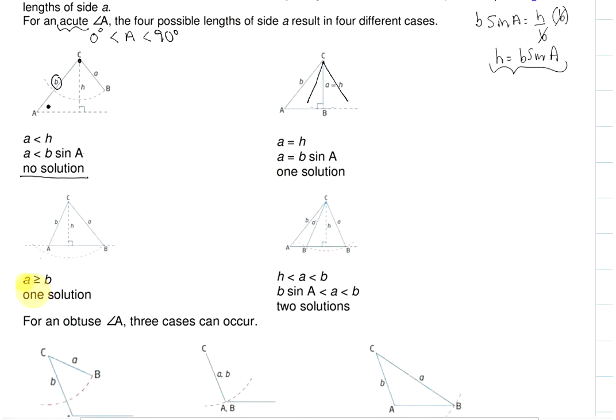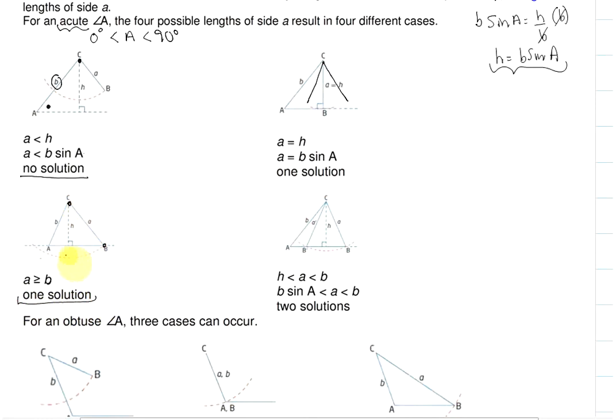Okay, let's say that A is greater than or equal to B. So it's either going to be the same length as B or bigger than B. In our diagram, it's larger than B. And once again, think of it as being on a hinge, and I swing side A to the left. Then there's only one possible answer for this, because A will meet up at point B on the base.